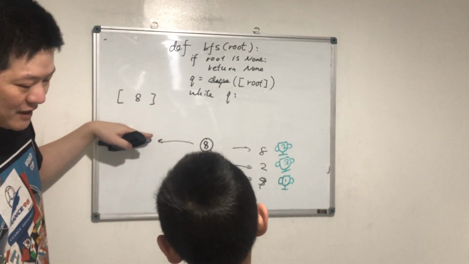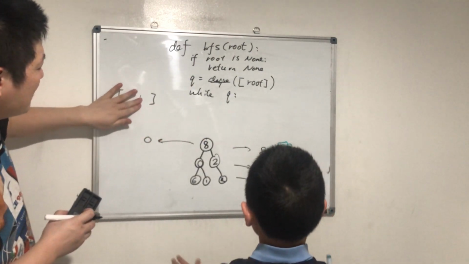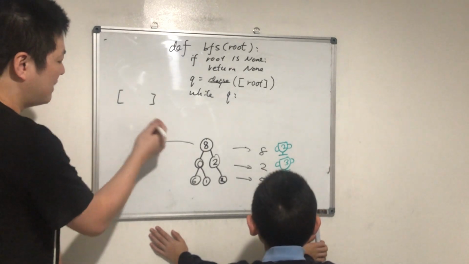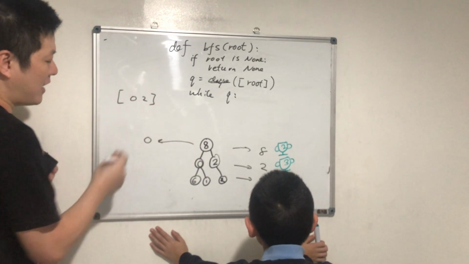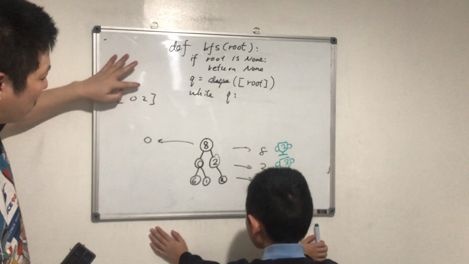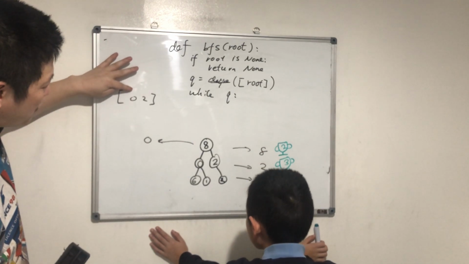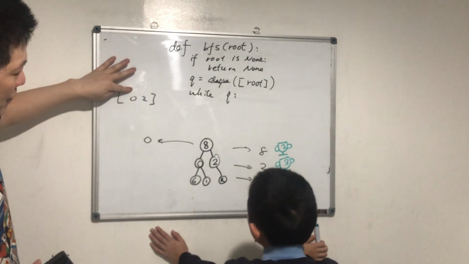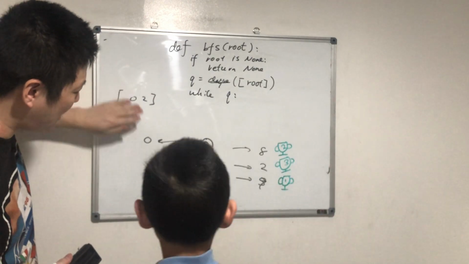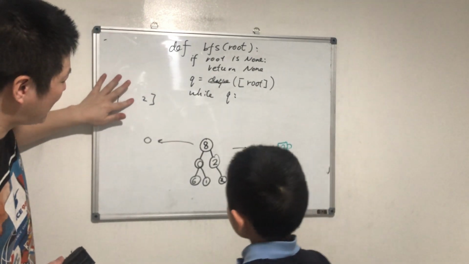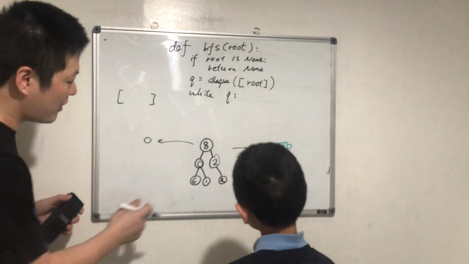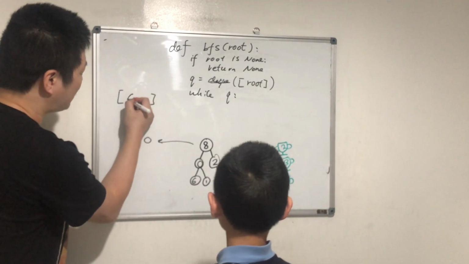If we take it out, we push all the kids of A, which are 0 and 2. The next time we dequeue, all the elements in the queue will be the same level, 0 and 2 at level 1. If I take them out and push all the kids of 0 and 2, it will be 6, 1, 2.